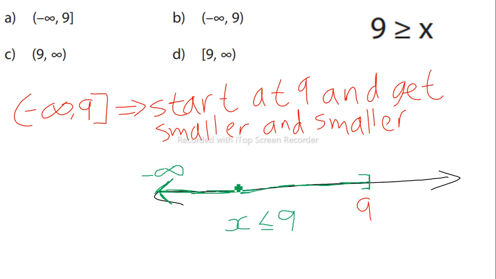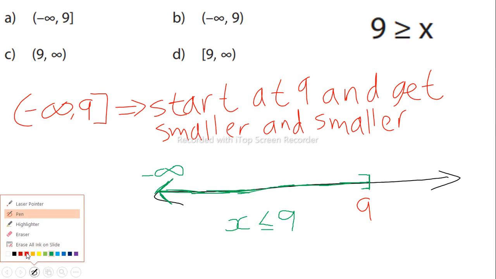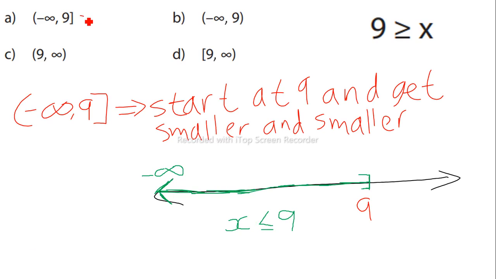And so the associated inequality for A is definitely x is less than or equal to 9. But that's not what we want. You have to be careful. This is saying that 9 is greater than or equal to x, or x is less than or equal to 9.